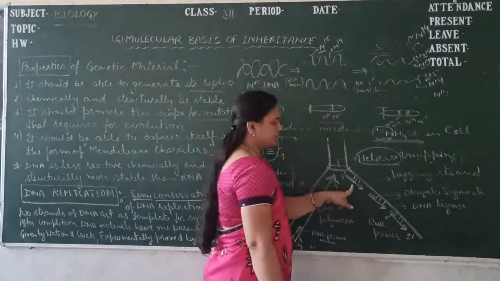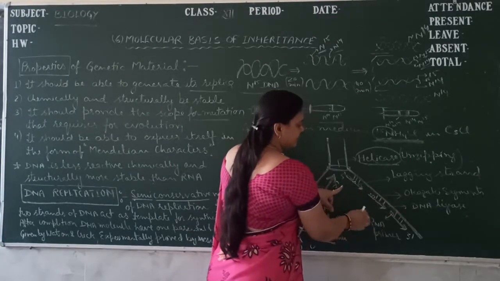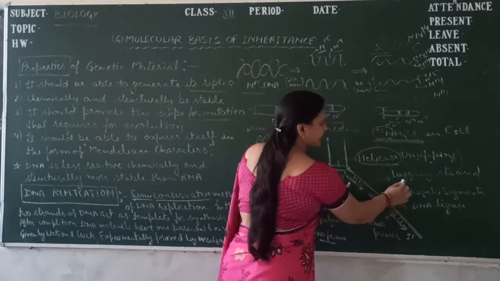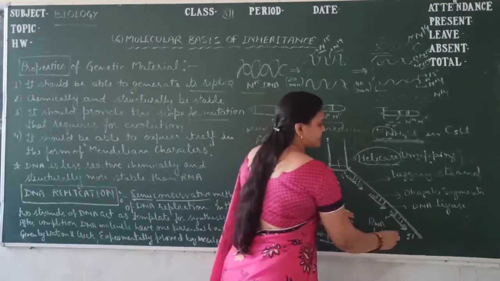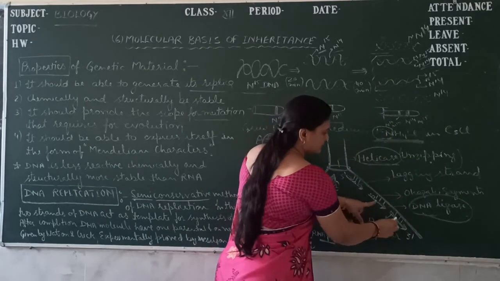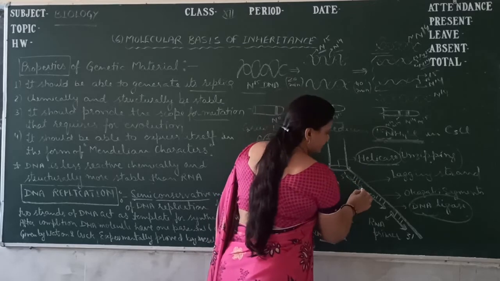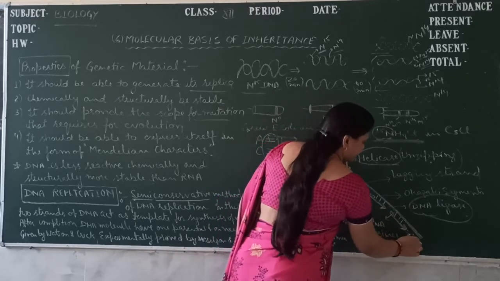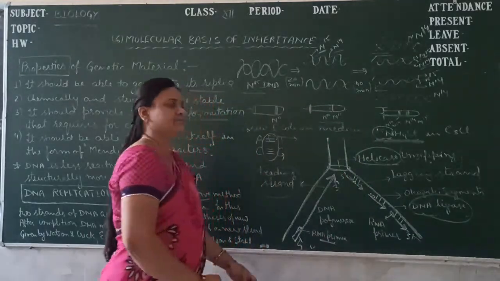This is the discontinuous strand, known as the lagging strand. By the action of the DNA ligase enzyme, the Okazaki segments are connected and the DNA strand is continued. So this is the method of DNA replication. Thank you.